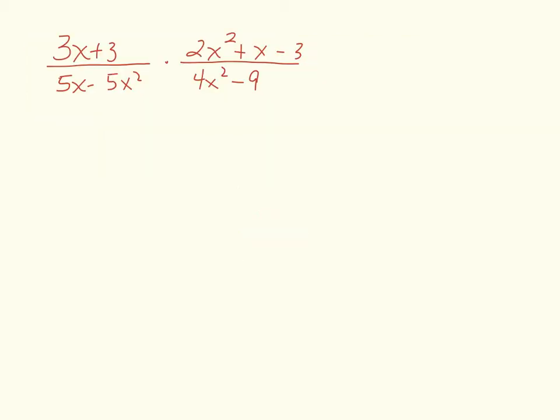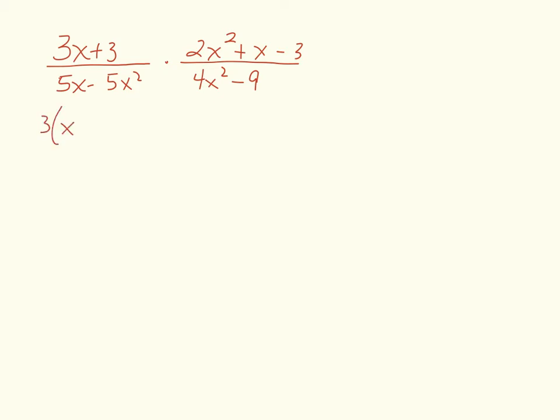Okay, here's another where we're going to factor all of our numerators and denominators, and then basically multiply by canceling, and then we'll keep whatever numerators and denominators are left. Okay, so let's factor. With the first fraction, rational expression, we can factor out a 3.